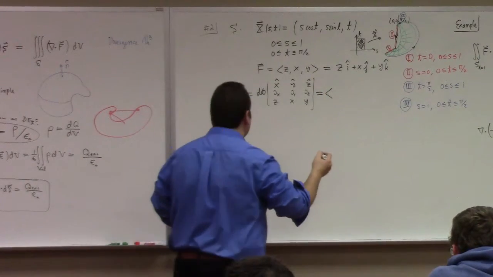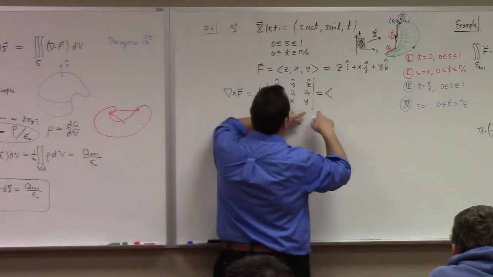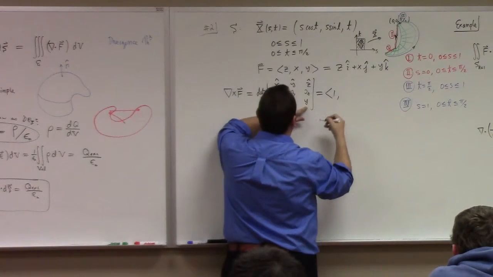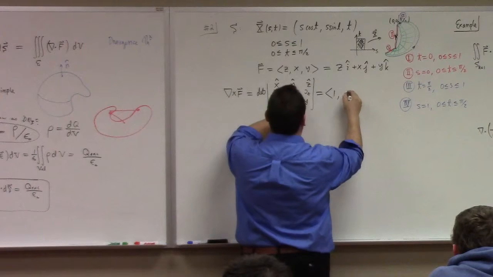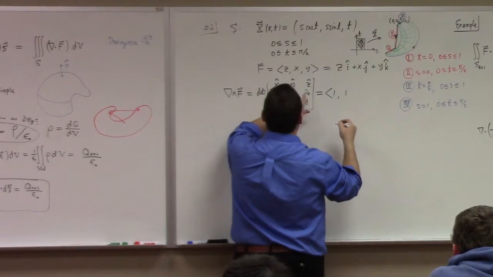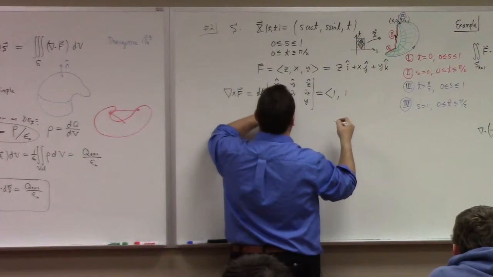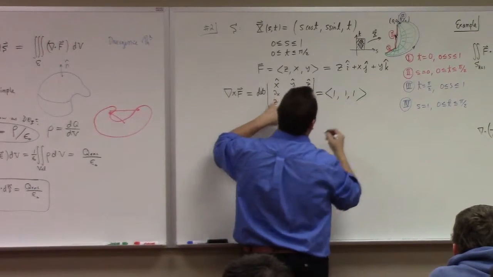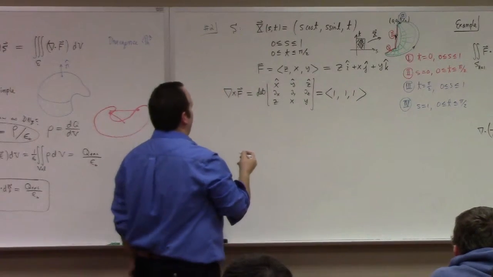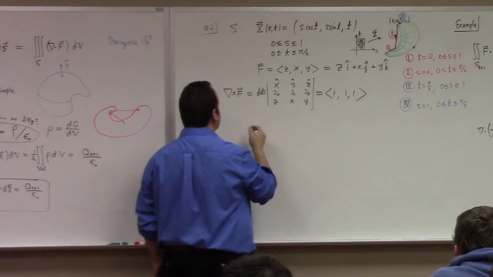What on earth was that? See here, so 1, 1, 1, okay. And what's the normal to this helicoid?